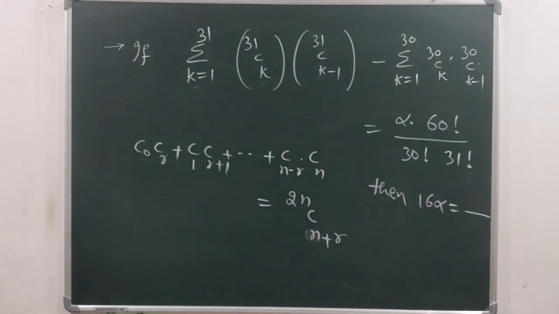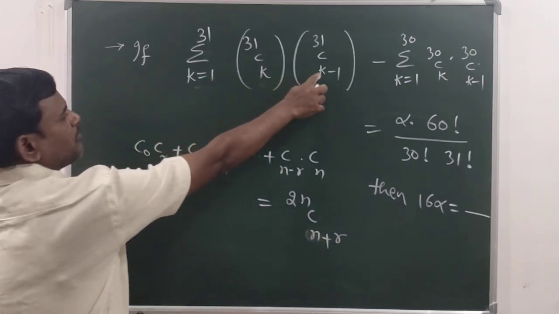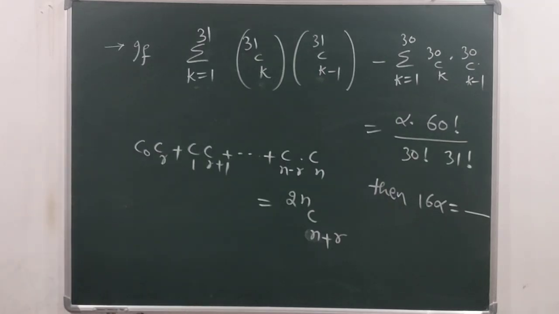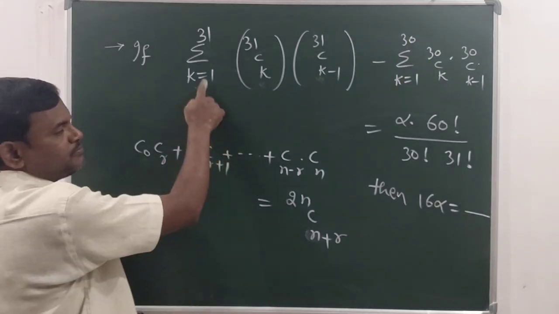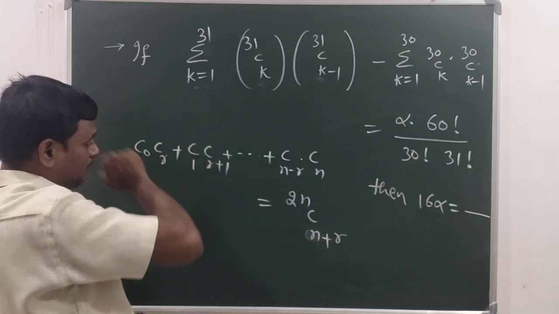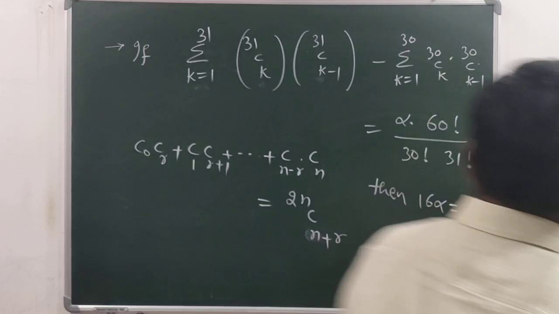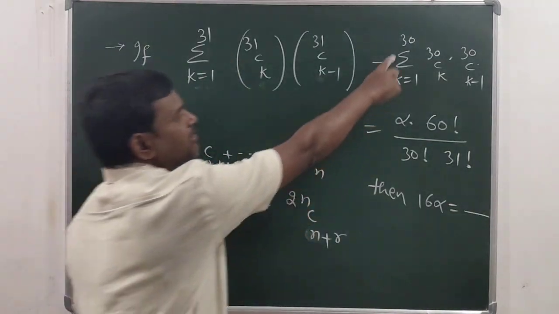Next if I write 2, and so on. For this you can apply the 2nCn formula, students. Here n value is 31, for this n value is 30.